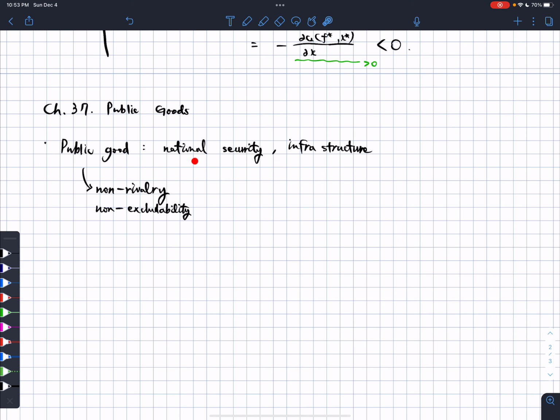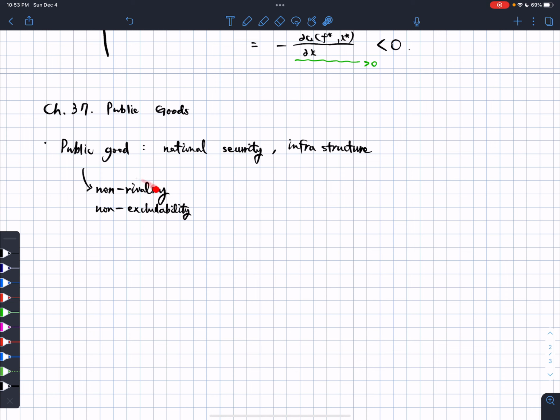In other words, even if my neighbor enjoys the benefit of national security, my benefit will not be decreased at all. Therefore, there is no rivalry in consumption among the economic agents. The second one is non-excludability, meaning that it is impossible to exclude some agents from consuming public goods like national security or infrastructure.